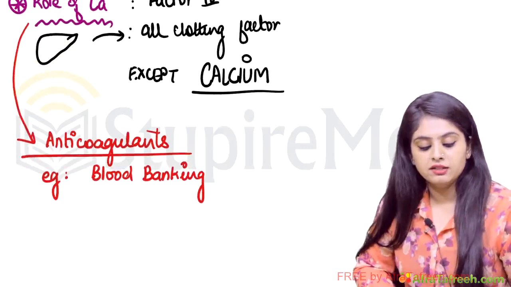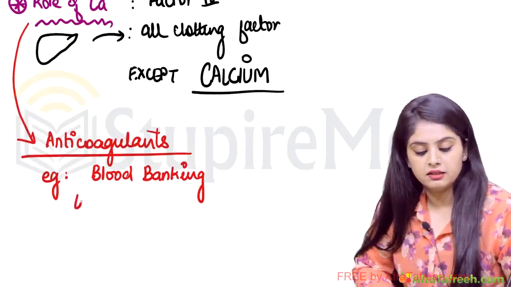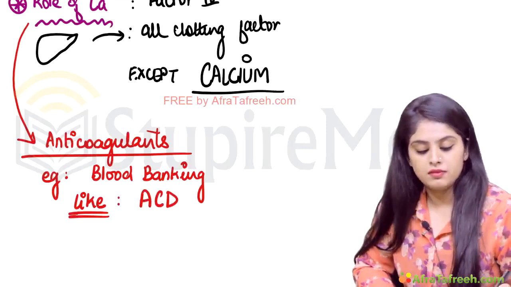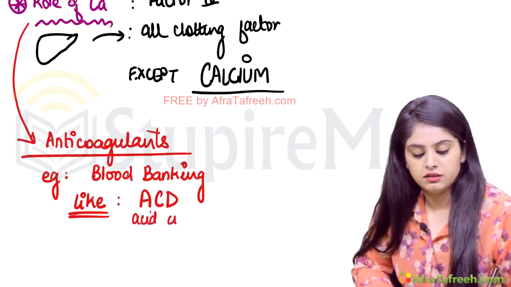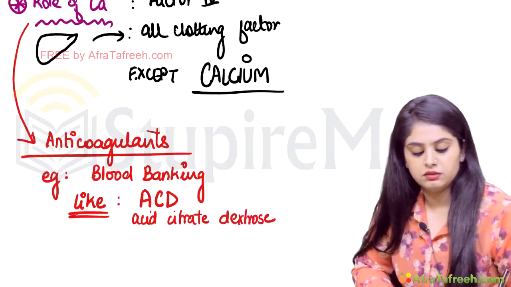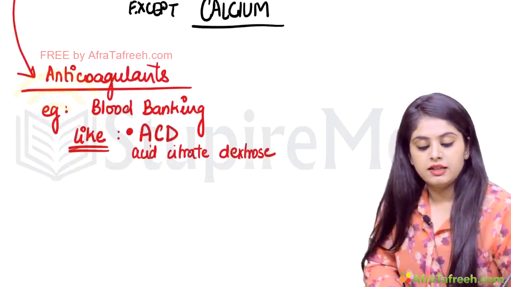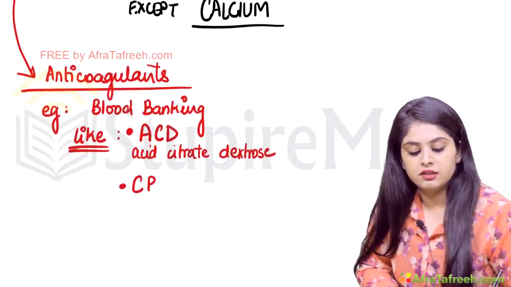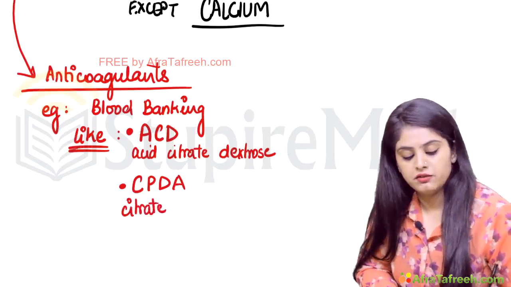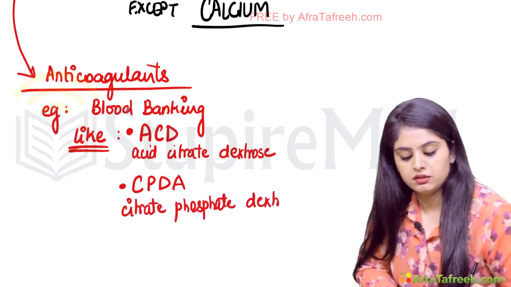We are going to add certain anticoagulants like acid citrate dextrose, that is one example. Another example of an anticoagulant is CPDA, that is citrate phosphate dextrose adenine.